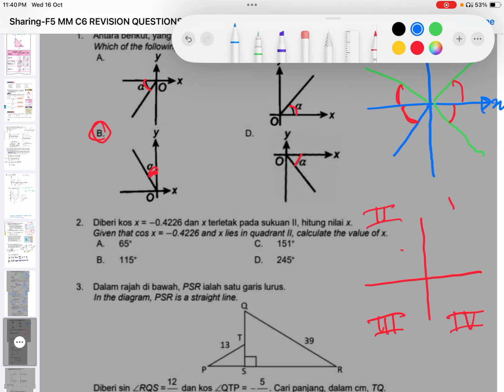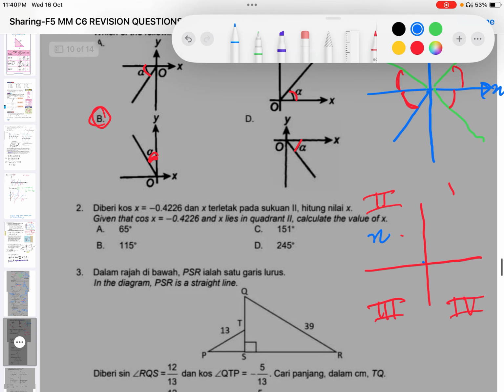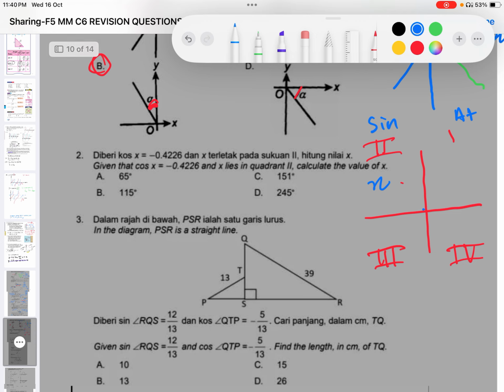X is here. So ni adalah everything positive. This is sine, this is going to be tangent. This will be cos.